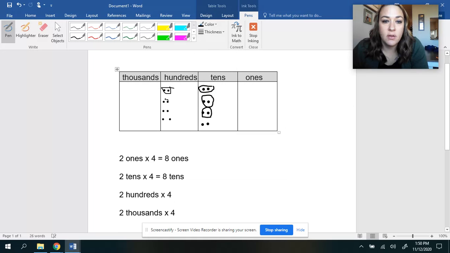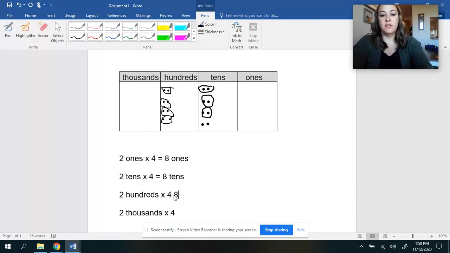Here's 1, 2, 3, 4. These look like little Pac-Man. So now we can say we have 2, 4, 6, 8. 8 groups of 100. We have 8 hundreds.